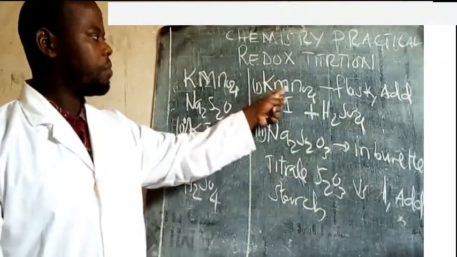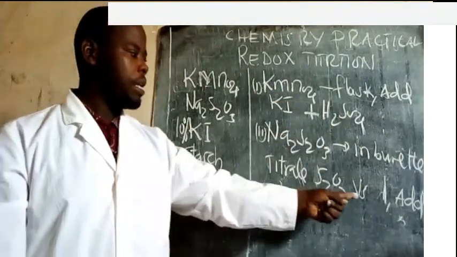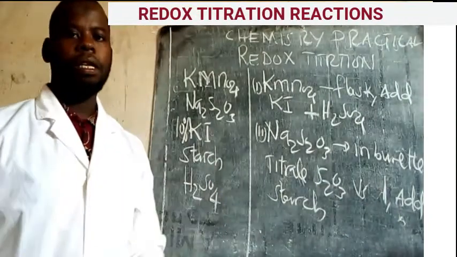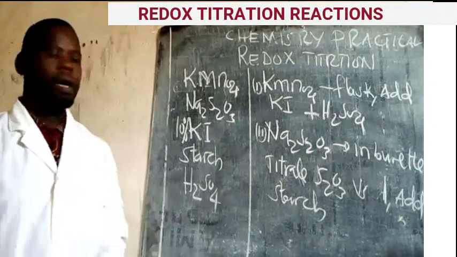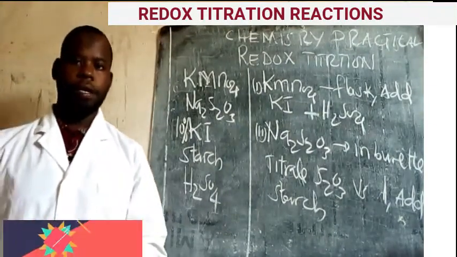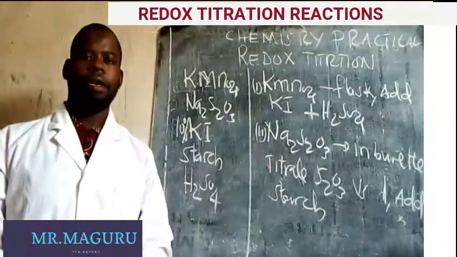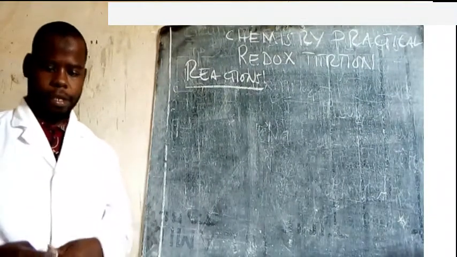But after the reaction between manganese and iodine, there is liberated iodine, then iodide will react with the thiosulfate. So that is our lesson for today. Let's proceed with the chemical reactions one by one.